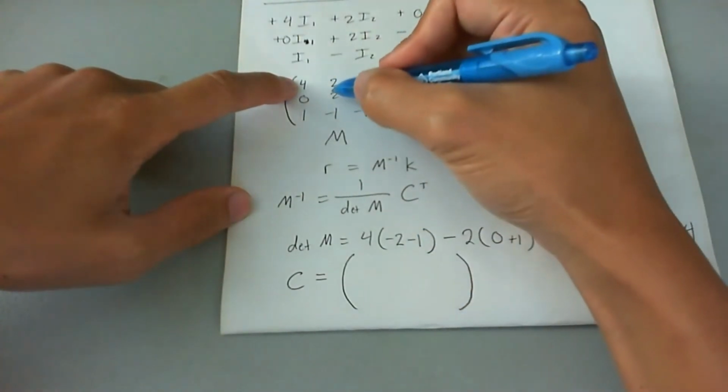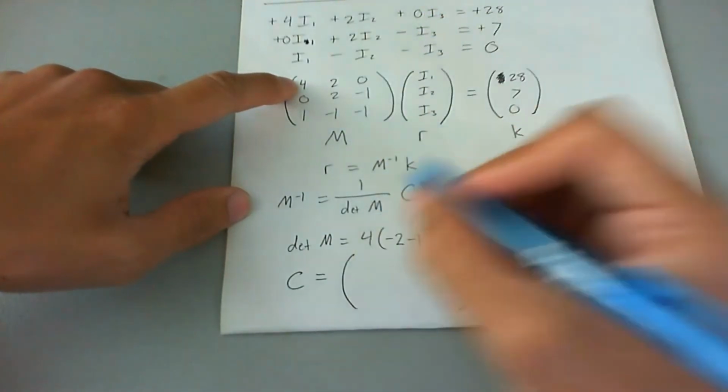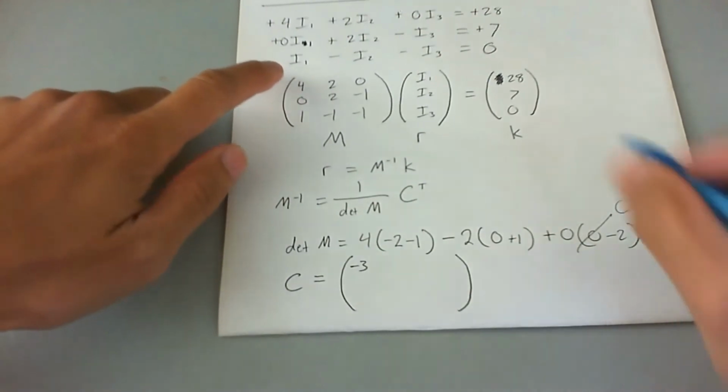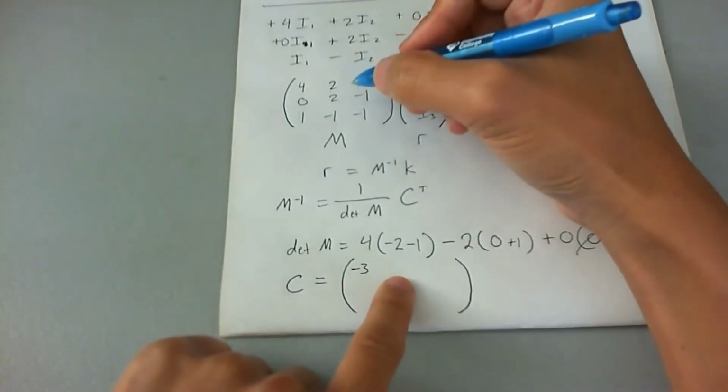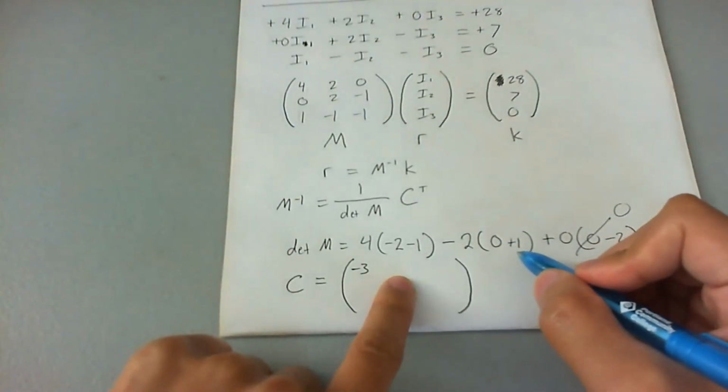As we've discovered, it's 2 times -1 minus -1 times -1, and that's just going to be -3. The second element in the first row, or the second column in the first row, is the cofactor of 2, which we already found to be -1 here.